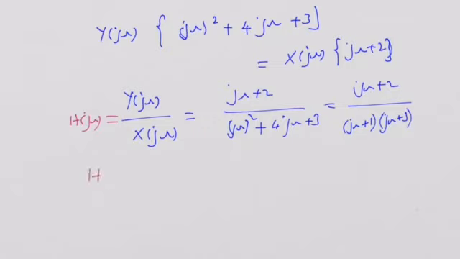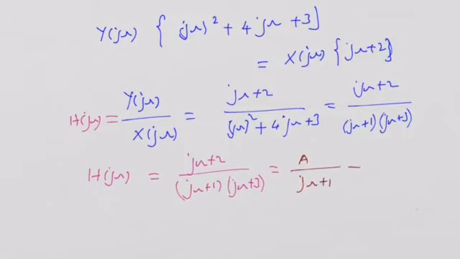Using partial fractions, you can decompose (jω + 2) divided by (jω + 1)(jω + 3) as A divided by (jω + 1) plus B divided by (jω + 3).